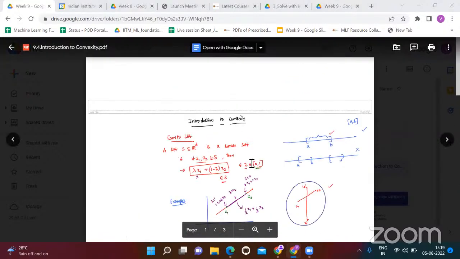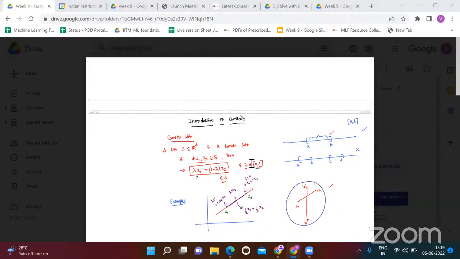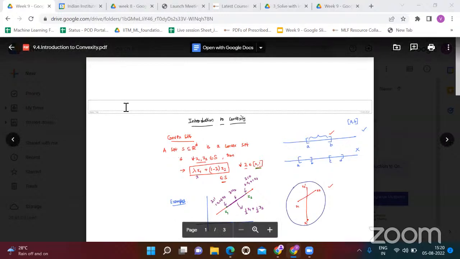The most important thing to know is regarding the convex function. From the figure, or from the epigraph, you can also say things regarding convex functions and convex sets.